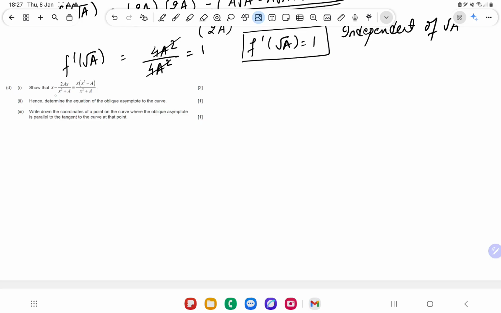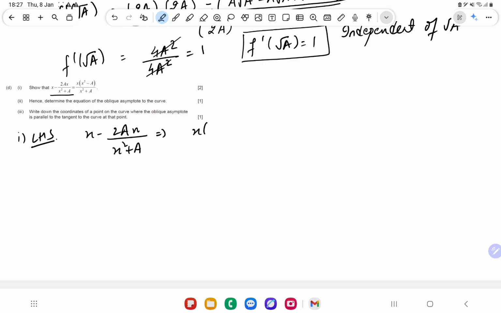Next part, it says show that this term is equal to the RHS. So I will be starting with LHS only. The simplest step is I can take x square plus a as my LCM.